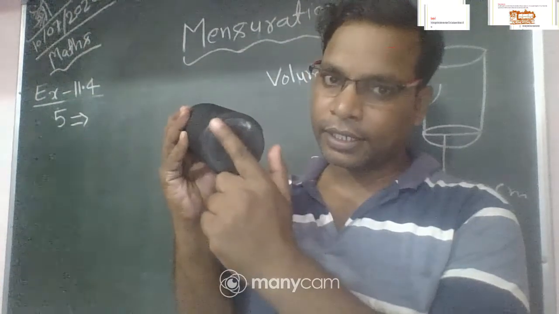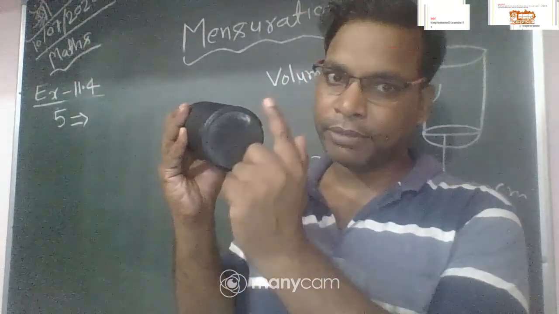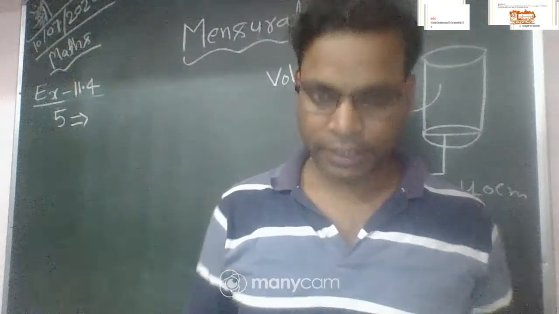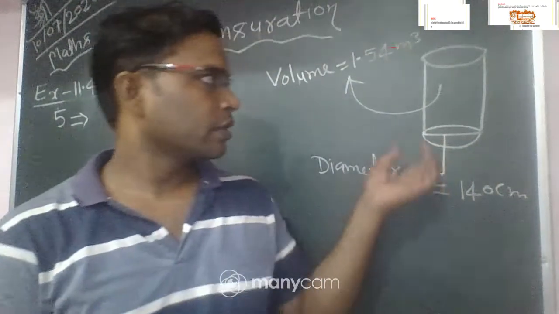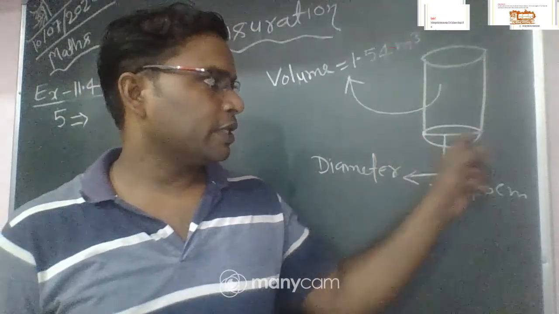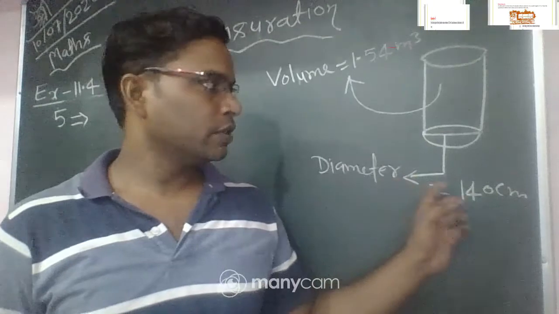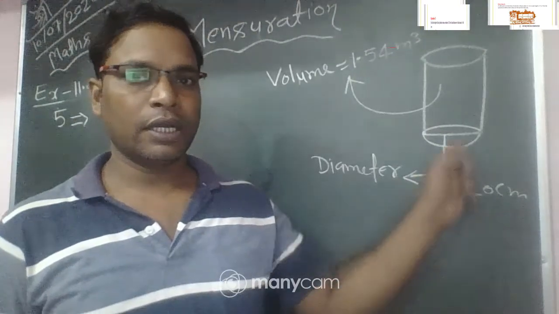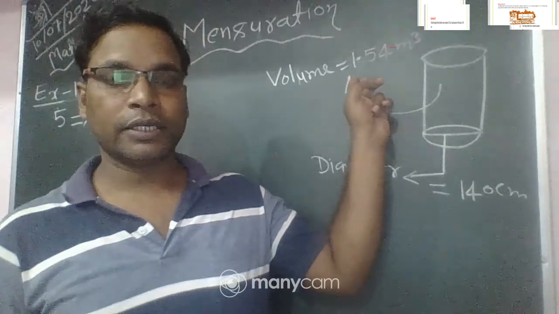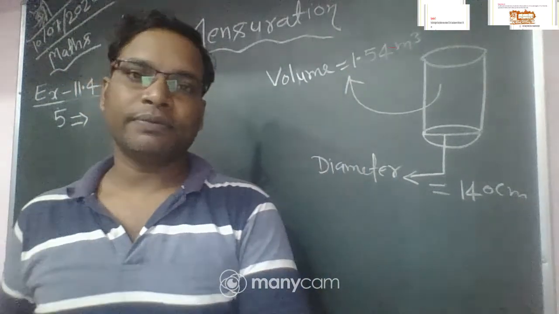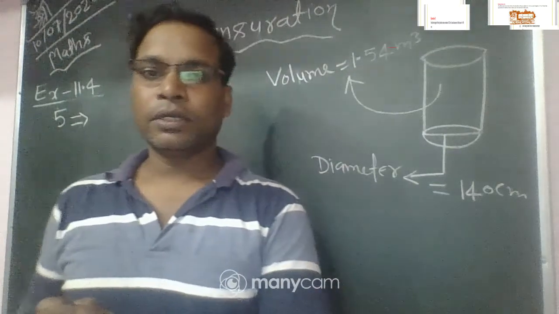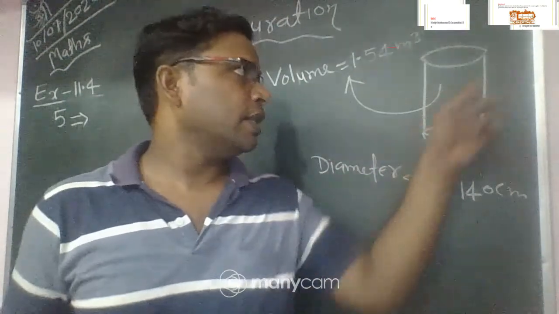Okay, and this is the diameter. This is a cylindrical figure. This is the diameter of cylinder, which is given 140 centimeters, and volume of cylinder is given 1.54 meter cube. Okay, so here we find the height of cylinder.